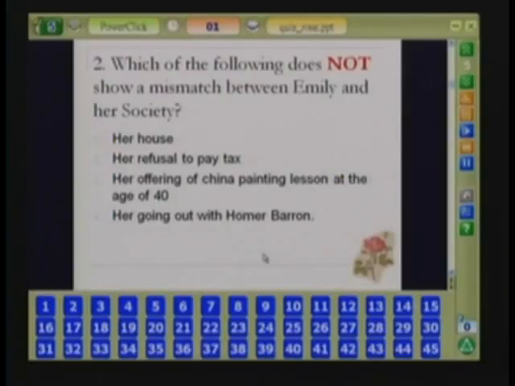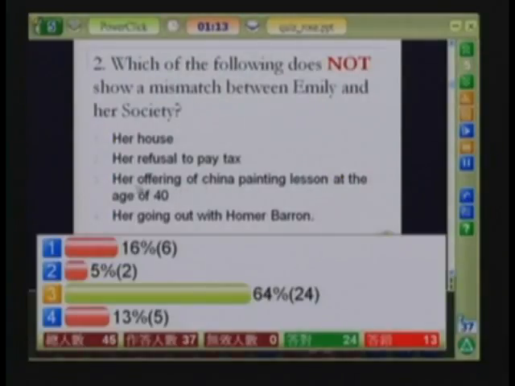Okay. The second question. Yes, the China painting lesson at first was taken by the children of Colonel Sartoris's generation. So it's the next generation. I'm not really sure how many years Faulkner counts as one generation, whether it's 10 years or 20 years.